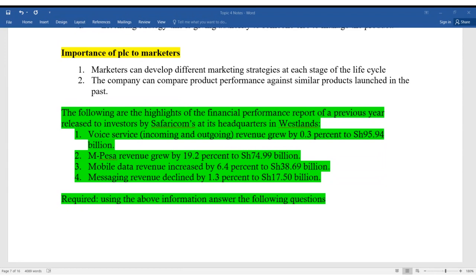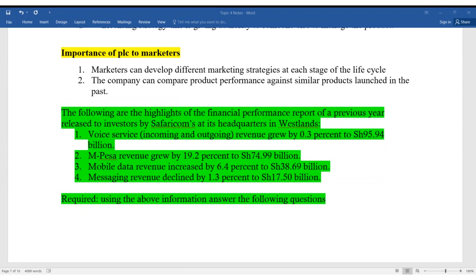Yes. Very good. So I want you to use this behavior of the sales. That's why there is a focus on the sales, because the PLC, that is the product life cycle curve, is actually analyzing the sales. That's why the curve, you remember seeing the curve out there, on the y-axis it shows the sales, and the x-axis is the time, and the curve is actually a sales curve.